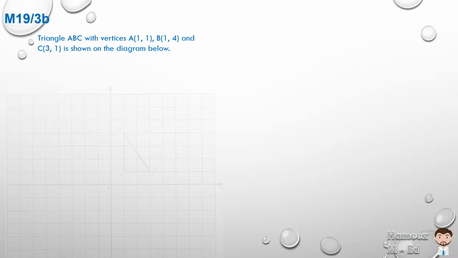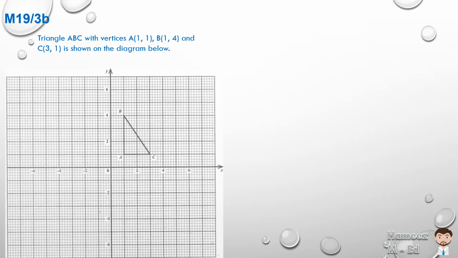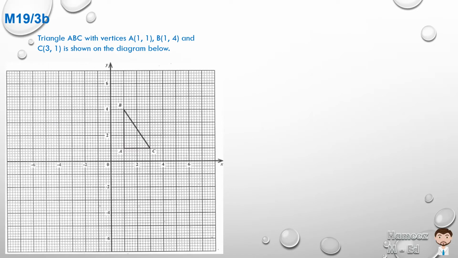May 2019, number 3B. Triangle ABC with vertices A(1, 1), B(1, 4), and C(3, 1) is shown on the diagram below. Let's recall that when we're given these coordinates, the first value is the x coordinate and the second will be the y coordinate.